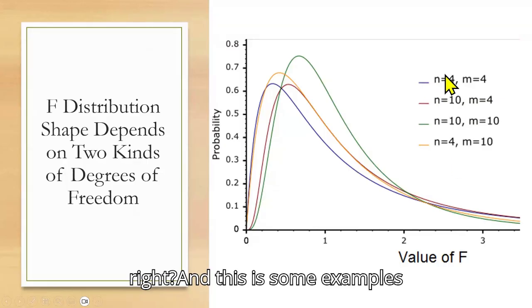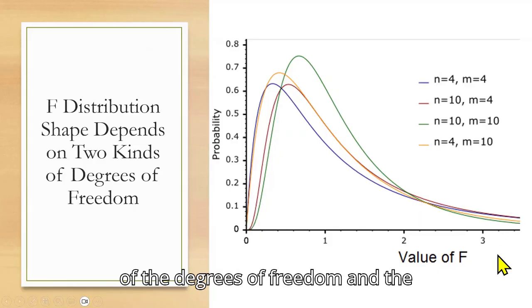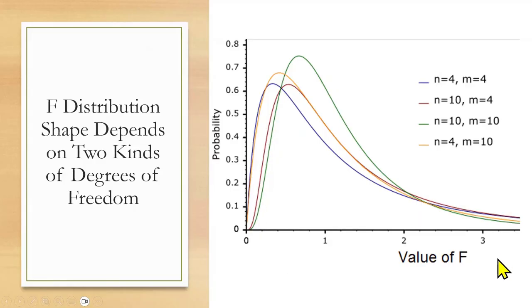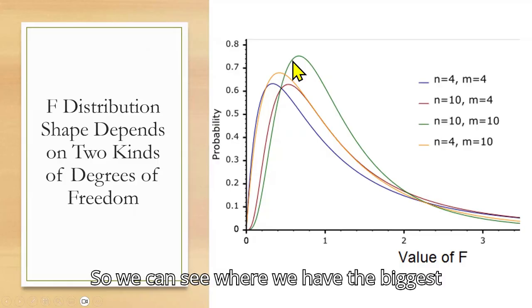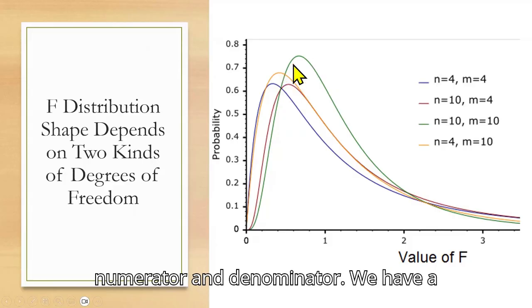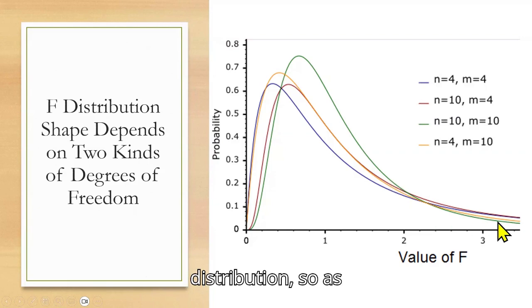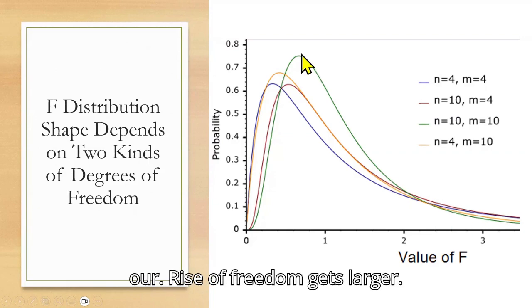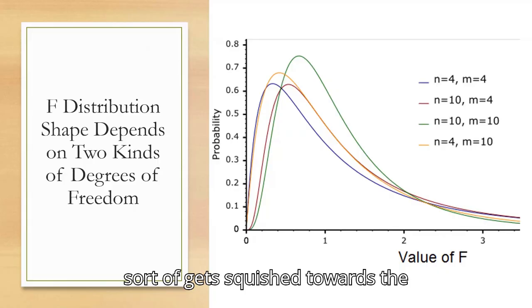And these are some examples of how the values of the degrees of freedom in the numerator and the denominator are going to change the shape of the F distribution. So we can see where we have the biggest number of degrees of freedom, both in numerator and denominator, we have a somewhat less right skewed distribution. So as our degrees of freedom gets larger, we're going to see that this distribution sort of gets squished towards the right.